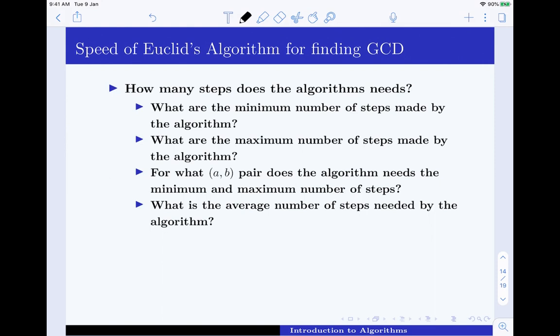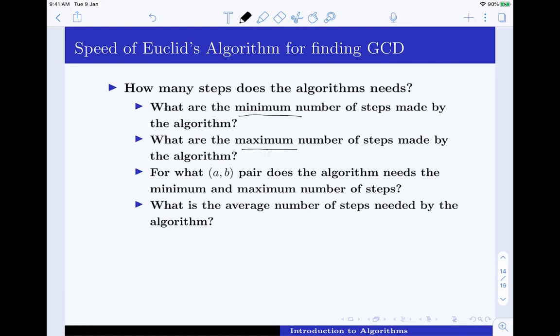Or is it that I can say that the algorithm will always take less than some number of steps? In other words, am I interested in the minimum number of steps required by the algorithm, or the maximum number of steps required by the algorithm?